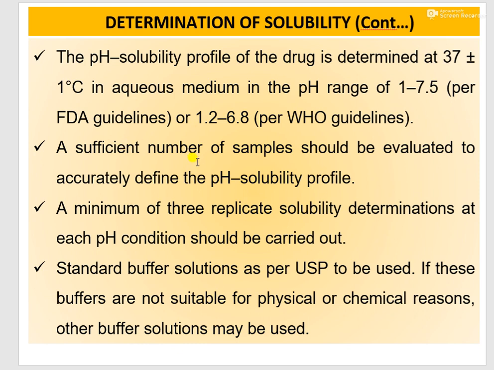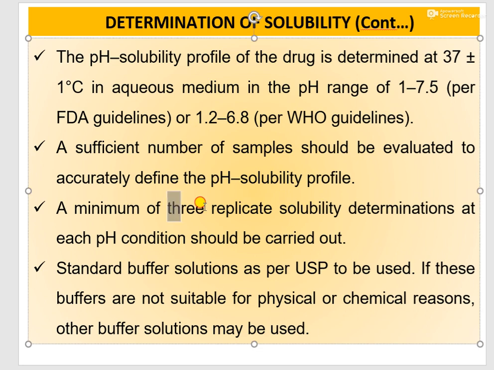A sufficient number of samples should be evaluated to accurately define the pH solubility profile. A minimum of 3 replicates, this is important, 3 replicate solubility determinations at each pH condition should be carried out. So at each pH you have to evaluate a minimum of 3 replicates for solubility.